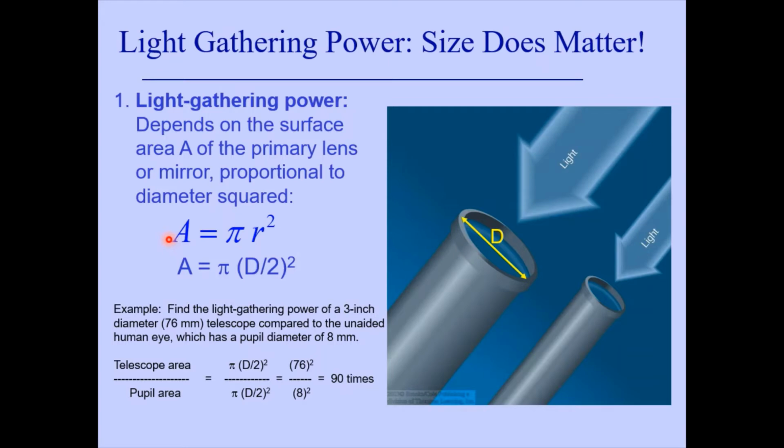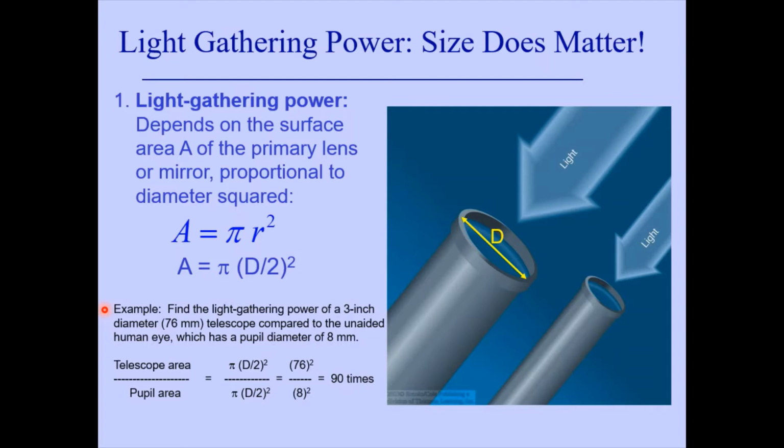So the lens or mirror is always a circle, and so remember from math class, the area of a circle is given by pi r squared. And r, of course, is the diameter divided by 2, right? The radius of a circle is half of the diameter. So this is the equation for the area of a circle in terms of the diameter of the telescope. So let's just look at an example here to see what we mean by light gathering power.